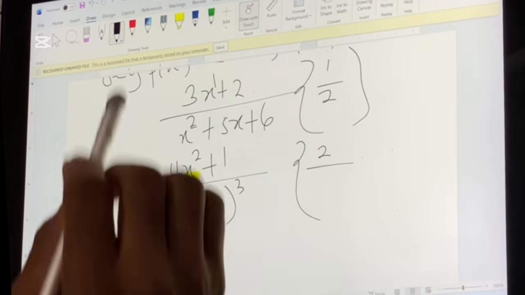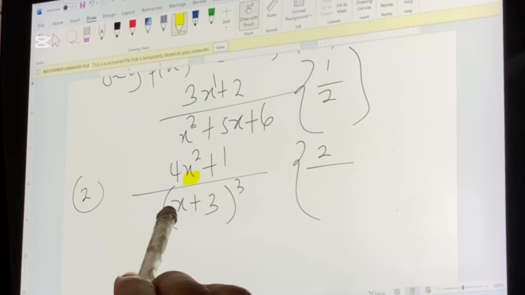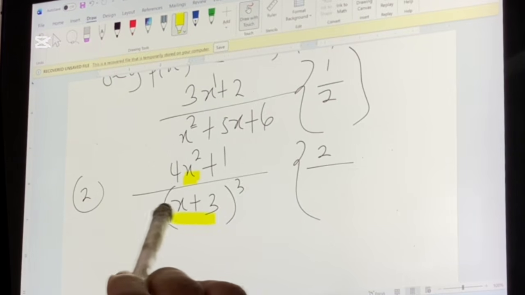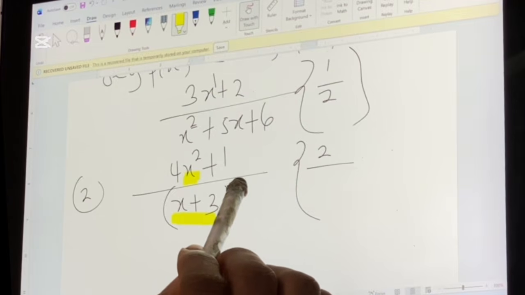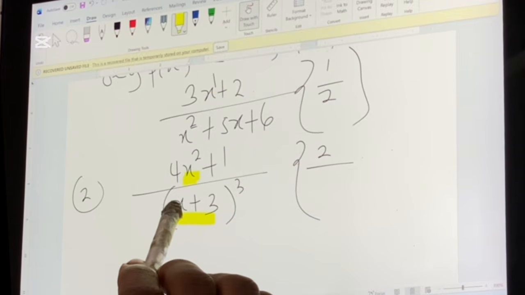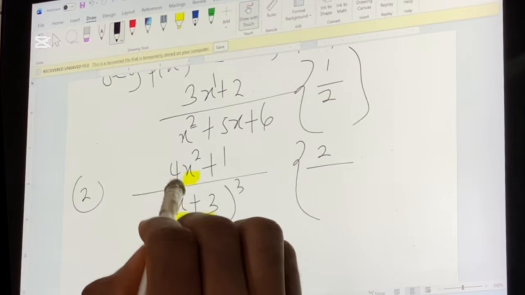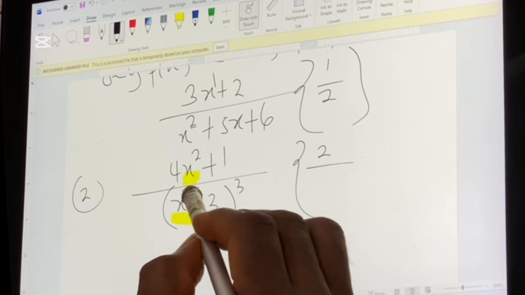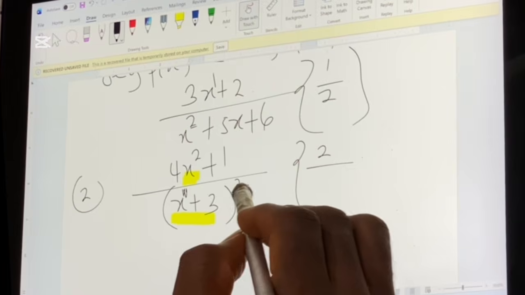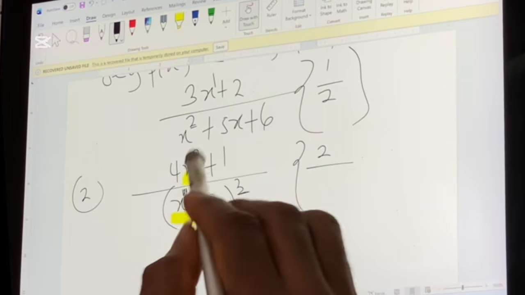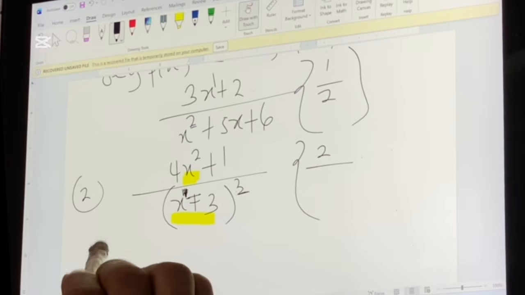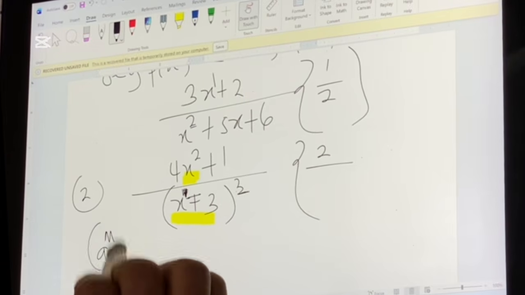Now, if you look into this expression here, class, please open your eyes here. This is s plus 3, raised to the power of 3. So the highest power of s here is not 1. The reason is that if I open this bracket, I will have the highest power to be 3, because the total power is this power multiplied by this power, just like if I have a raised power of n times n.